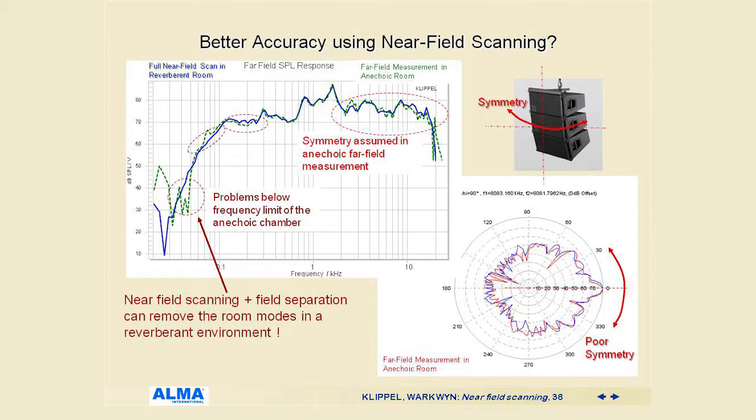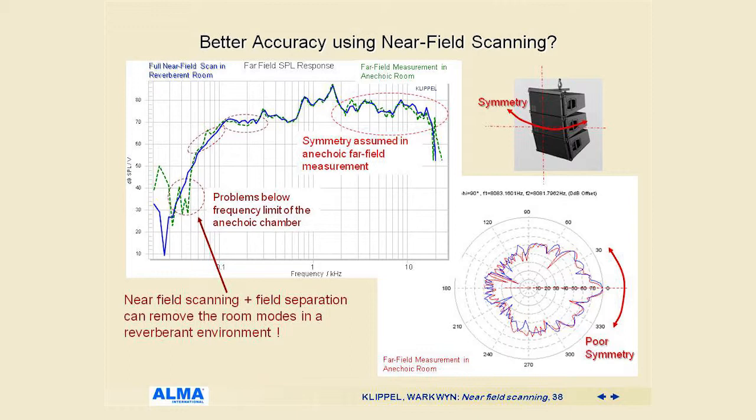We're comparing the far field measurement in green in an anechoic room to a near field scan in a reverberant room. We can see problems at the frequency limit of the anechoic chamber. And we also have some symmetry in the high frequency area.